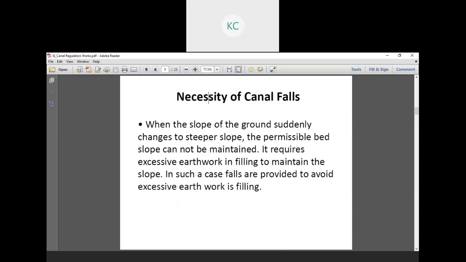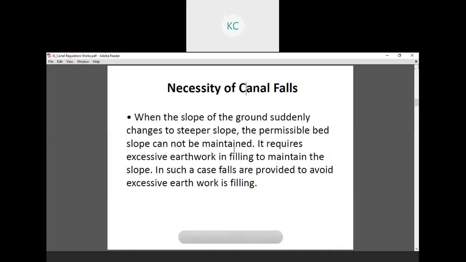So why is the canal fall necessary? When the slope of the ground suddenly changes to a steeper slope, the permissible bed slope cannot be maintained. It requires excessive earthwork in filling to maintain the slope. In such cases, falls are provided to avoid the excessive earthwork in filling.